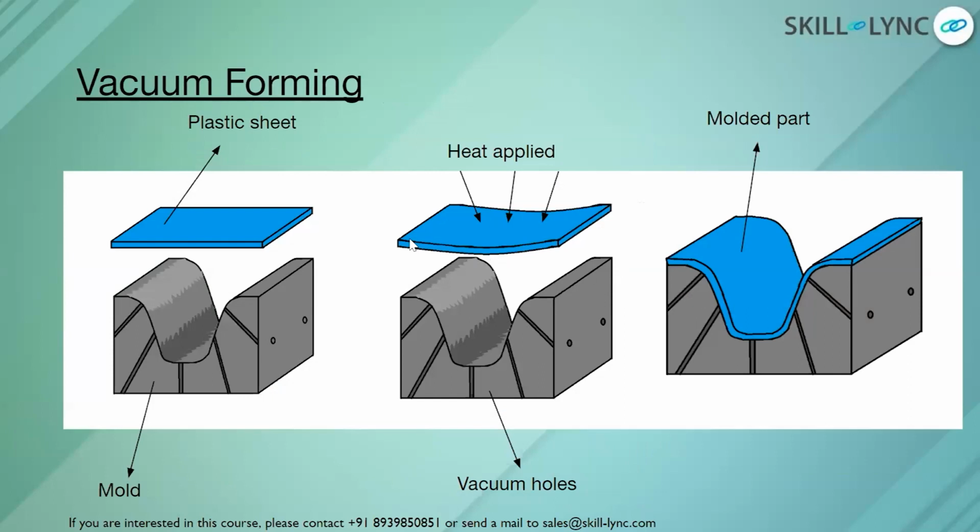The sheet of plastic is heated so that it forms a semi-molten stage, and then the vacuum created in the mold makes the plastic material take the shape of the particular mold. So this is the vacuum forming process. Some of the plastic components used in automotive are also vacuum formed. Components which you find on the interior of the door panels, some of the structures, are vacuum formed.